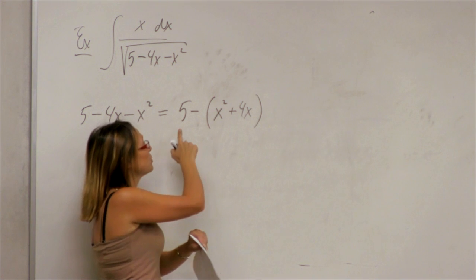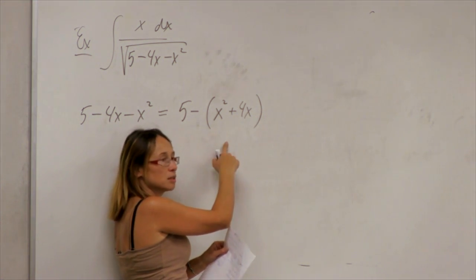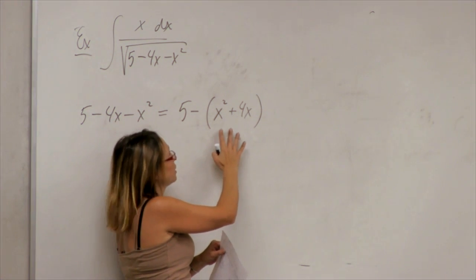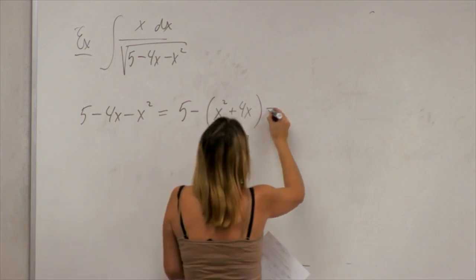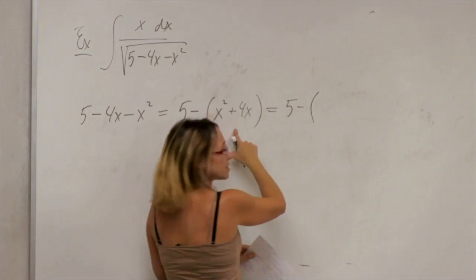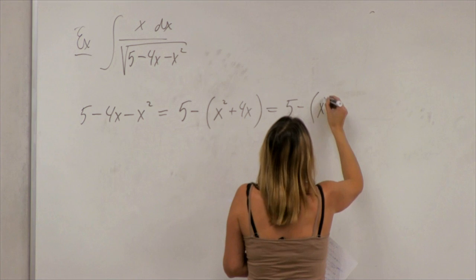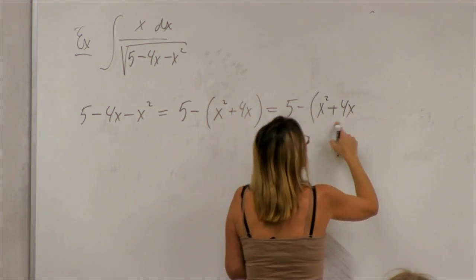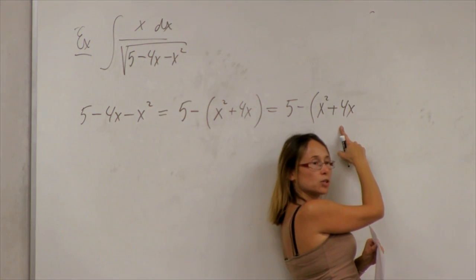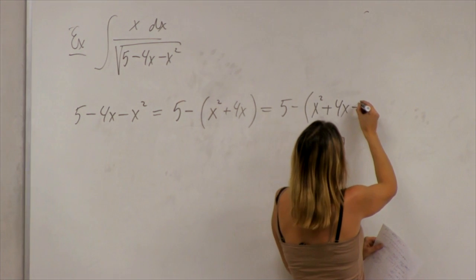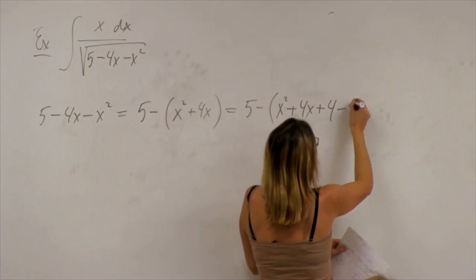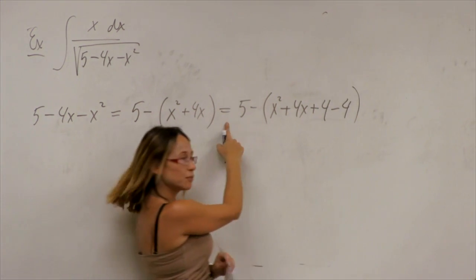So ideally I want to have a constant minus x squared. Instead of x squared I have this. So I'm going to complete a square here. I have x squared plus 4x. What do I need to do to complete this particular square? Excellent, plus 4, okay? And I have to also subtract it because I have an equality here.